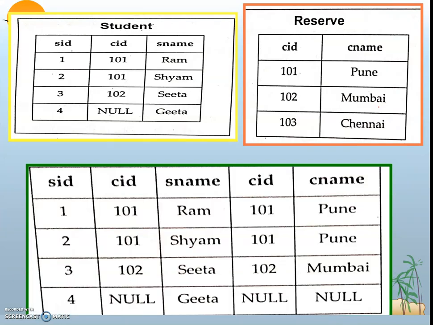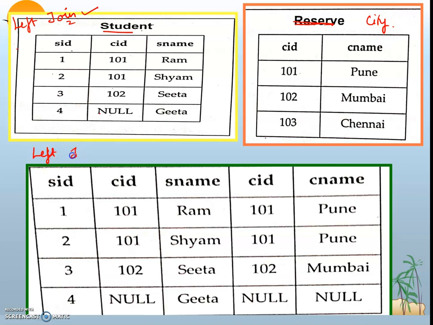Here I have the same two tables. For your convenience, I have put both tables in the same slide. Left join: we are going to apply left join over here. Once you understand this concept, the remaining joins will become easier. The first one is student and the second table is city. Now I am applying the left join concept.